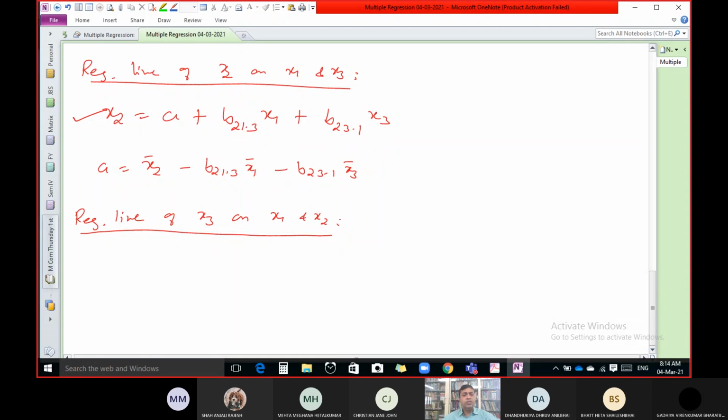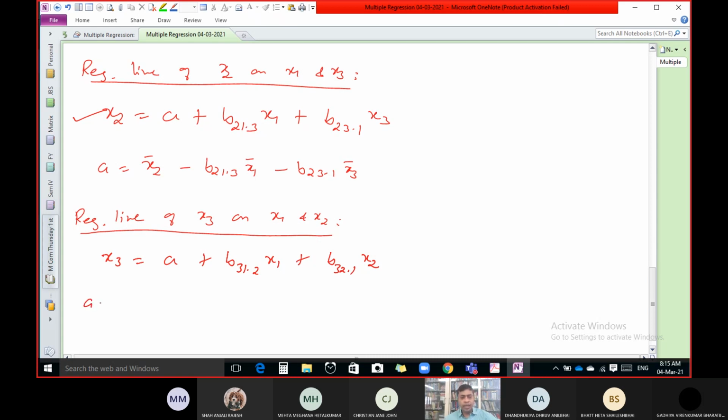It's the same as this only. x3 equals a plus b x1 plus b x2. But here you have to write the relation of third with first keeping second constant, and here third with second keeping first constant.